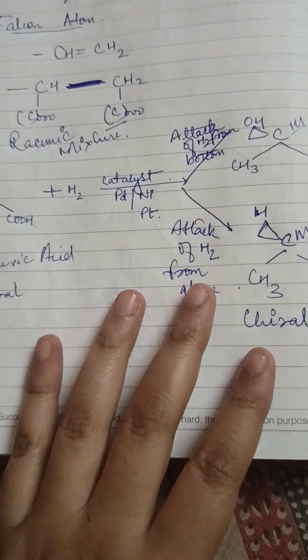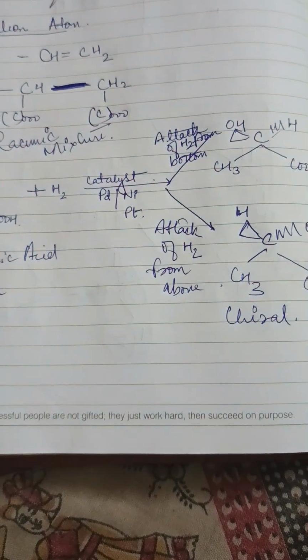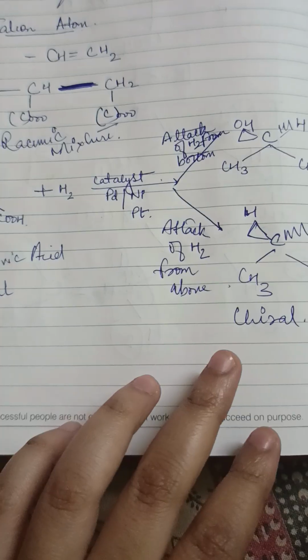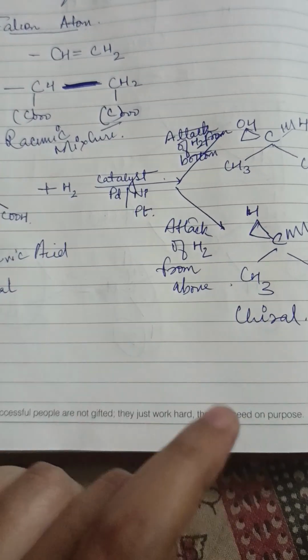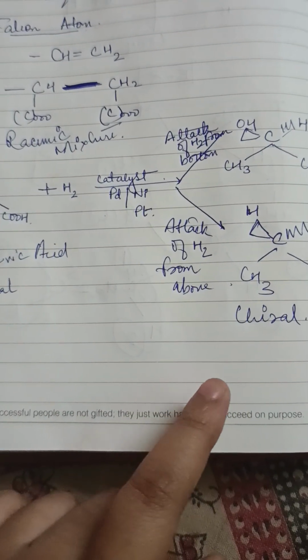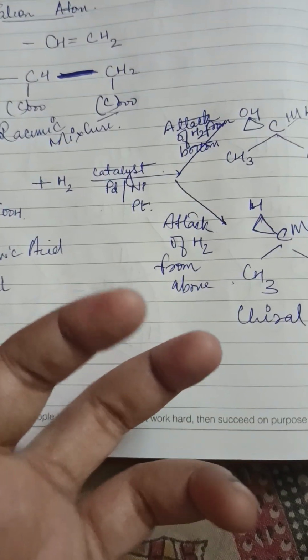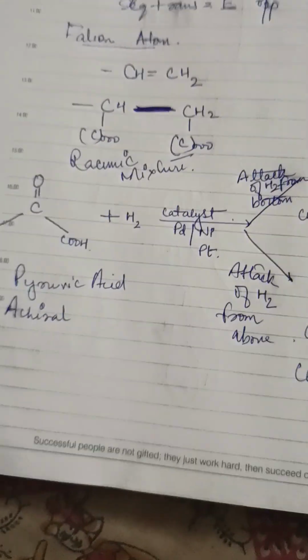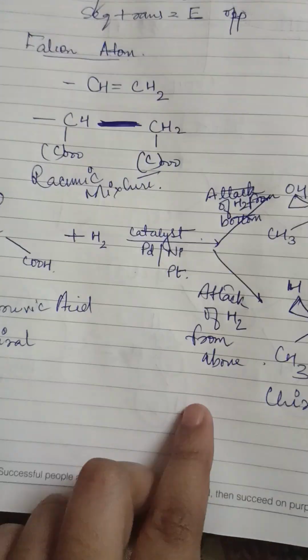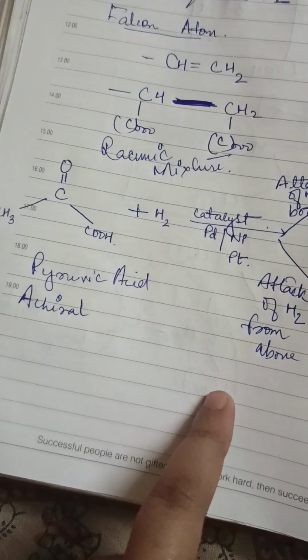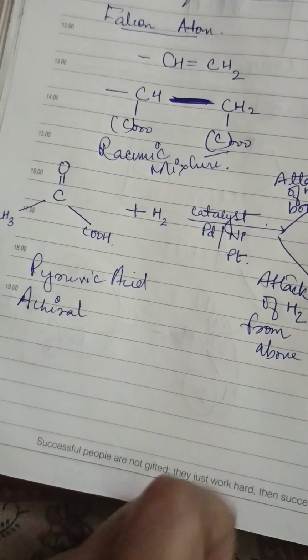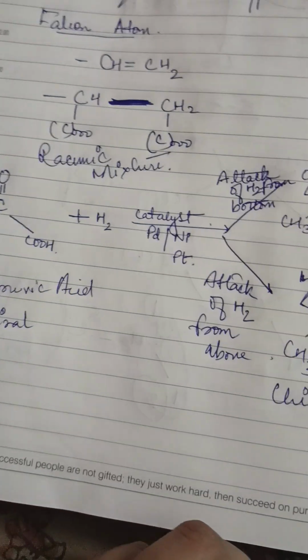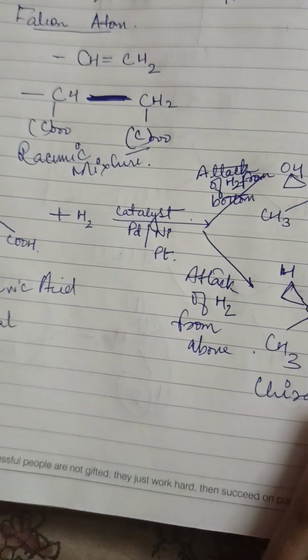Now what is this racemic mixture? The process of synthesizing chiral molecules from achiral, we get both the enantiomers in equal amount.